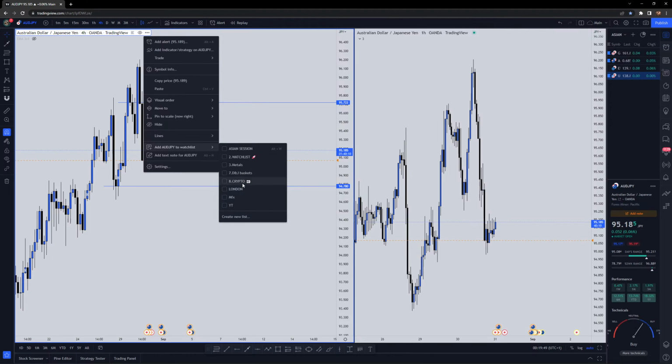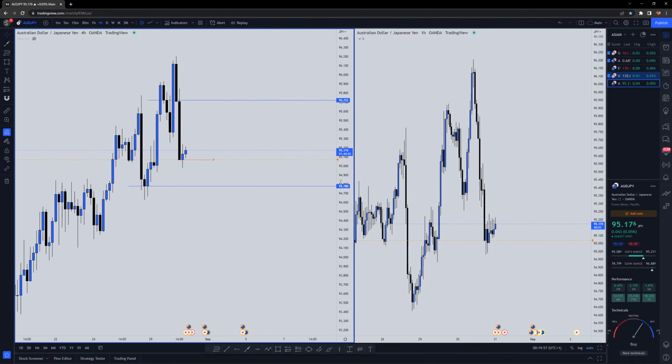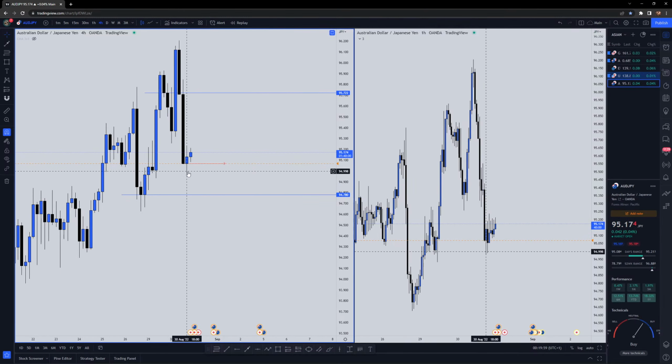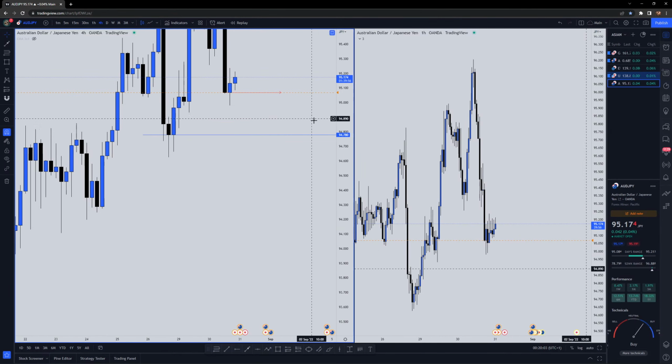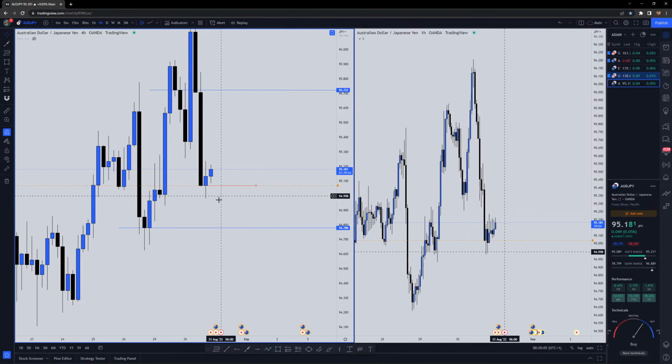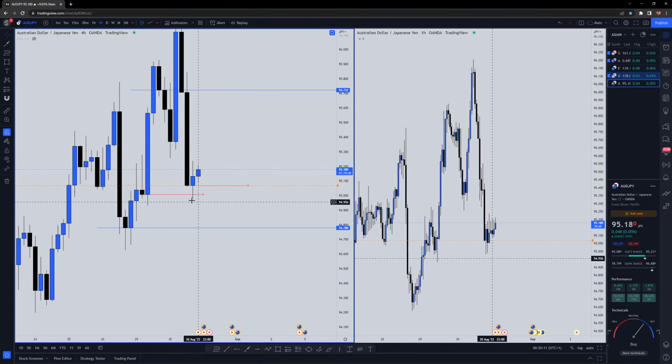Add the Asian session. There we go. So that's where I would buy from, from below here, because look what happened here. The reason why price is moving up and may just continue to the upside is because it just reacted off this level. You see how accurate this is?